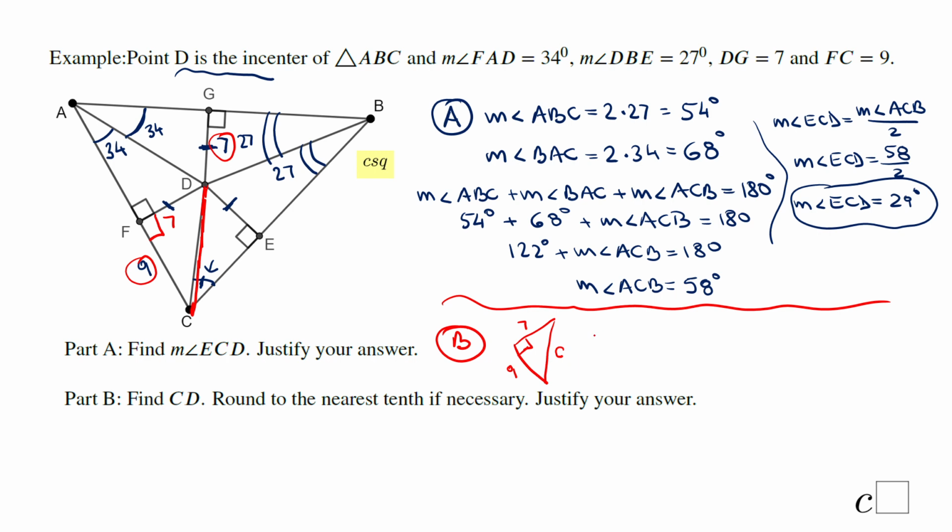hypotenuse, so we can use the Pythagorean theorem, a squared plus b squared equals c squared. So we're going to have here 7 squared plus 9 squared equals c squared. We're going to have 49 plus 81 equals c squared. That will be 130.